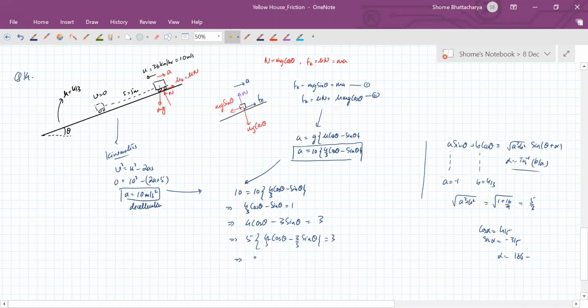So this, as you can see, will become, now use this formula. No? This is like, this is cos 37, this is sin 37. Okay. So 5 into, you can use the cos A plus B formula basically.